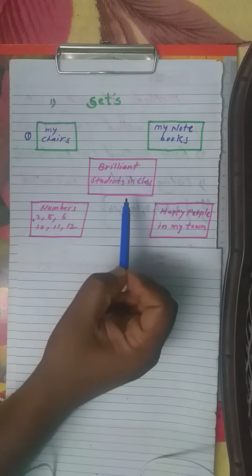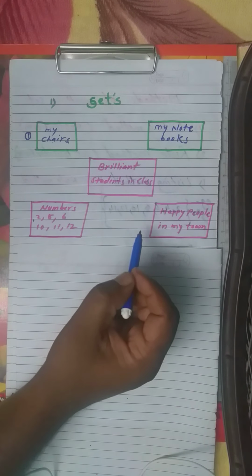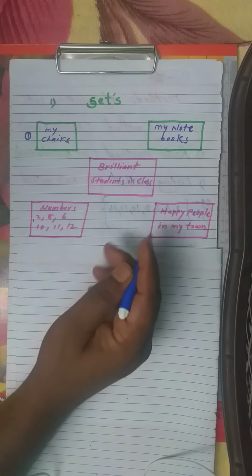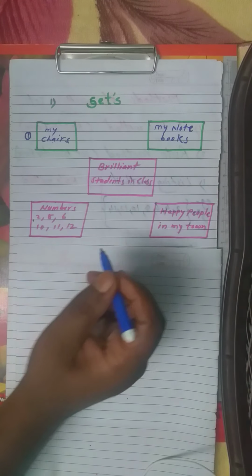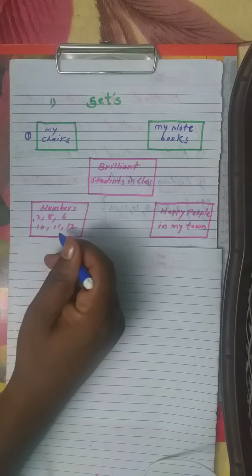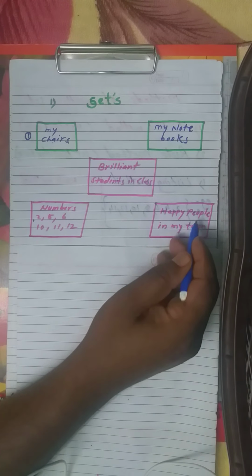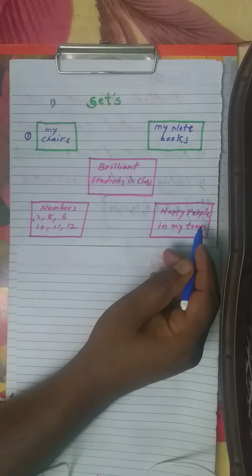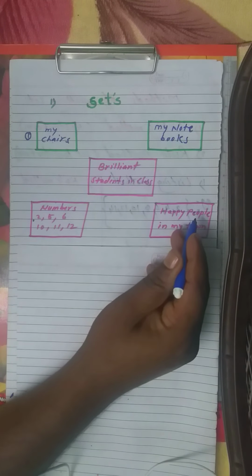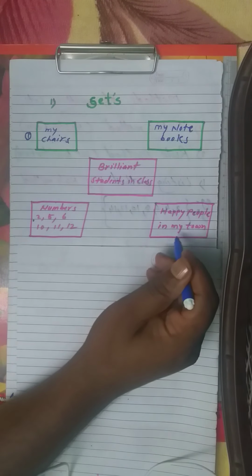Brilliant students in a class: among the class we can find the brilliant students, and we can make a set of the brilliant students. The numbers given here in the box, we can say a set of numbers. And happy people in my town: we can make this through a survey, and we can make a set of the happy people in our town.